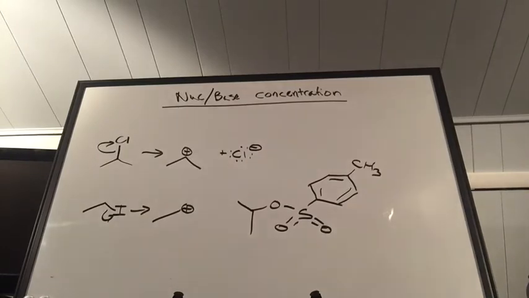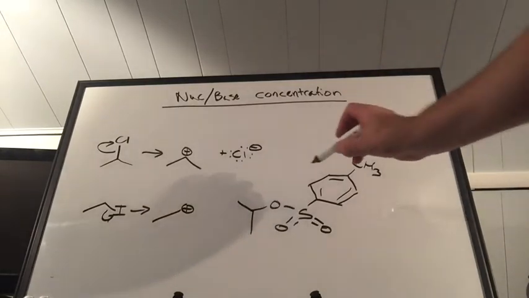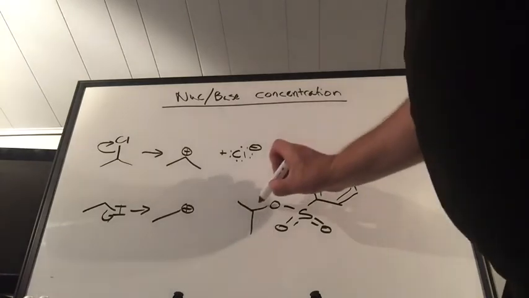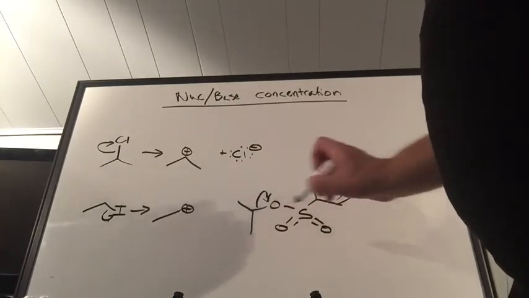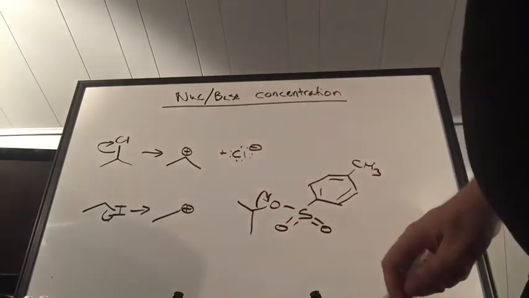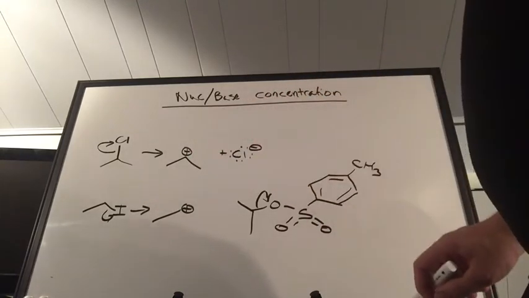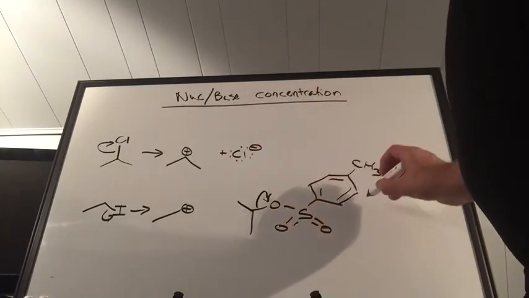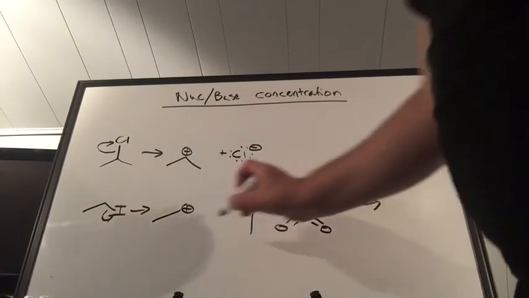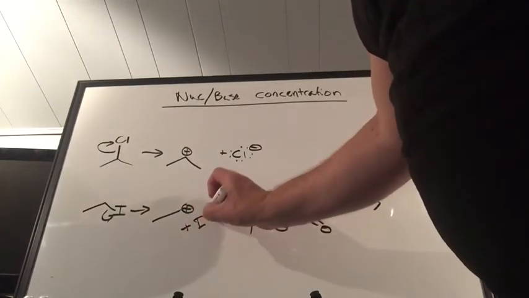Okay. Now, if this is to leave, the charge would be formed here. So you would also have a secondary carbocation, like what you see above on that previous example. But you would also have the iodo group here.